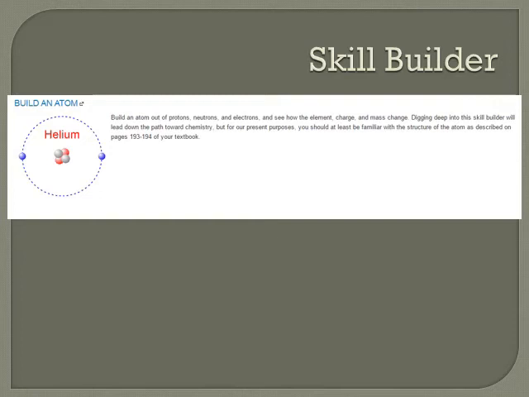Typically, for an uncharged atom, it has the same number of electrons. The number of neutrons can actually vary, and that will give you what are called isotopes. That's a little more than you need to know at this point, but play around with the skill builder and get a feel for some of the very basic elements that you're used to dealing with on a daily basis: oxygen, carbon, helium, hydrogen, etc.